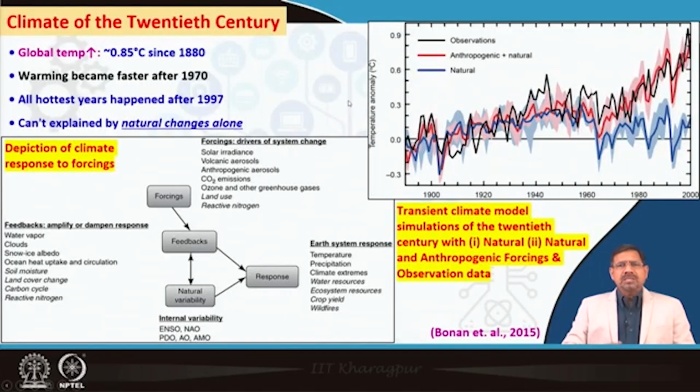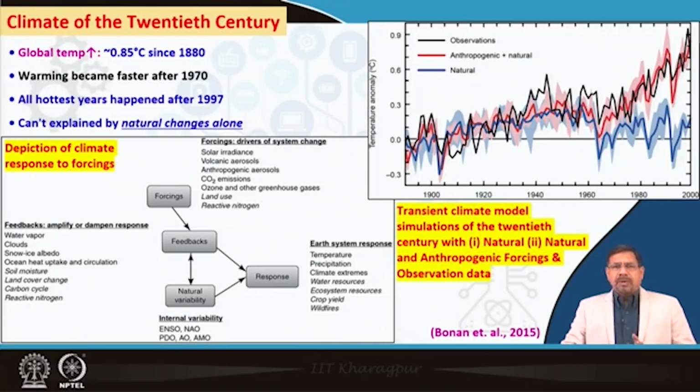So with these five plus one, six, we can now try to corroborate it and get information about our 20th century climate. So the global temperature rise has gone beyond 1.23, though we have mentioned 0.85 since 1880. But when we calculate the global temperature rise, we take the average of 1850 to 1900 as the base, because after that the industrial activity shot up.